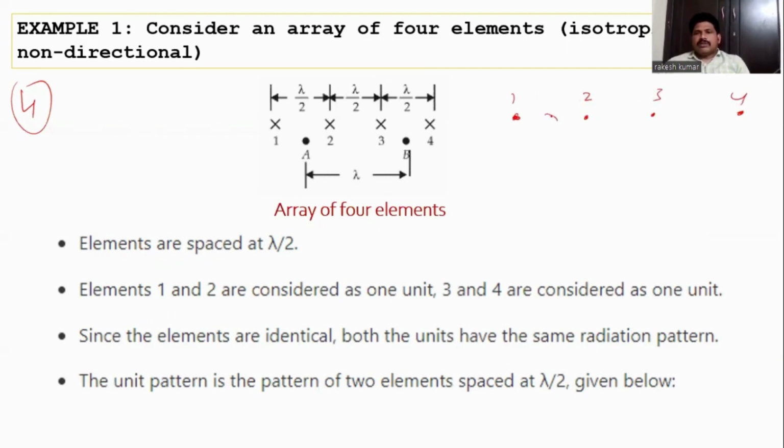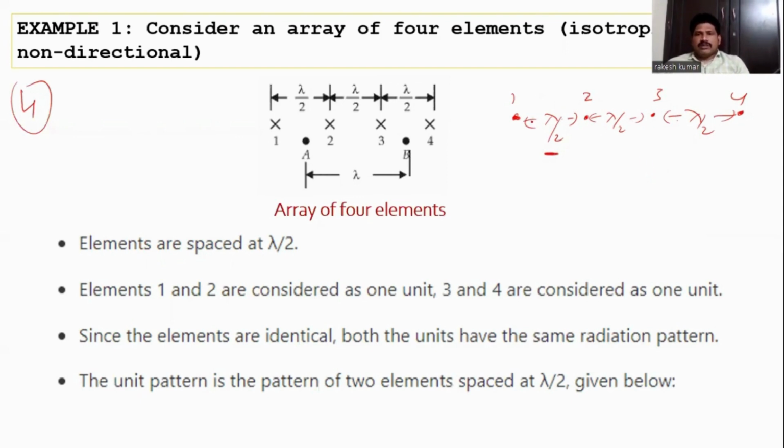Let us consider all the elements are separated by a distance of lambda by 2. So here 1 and 2 are separated by lambda by 2, and 3 and 4 are separated by lambda by 2.